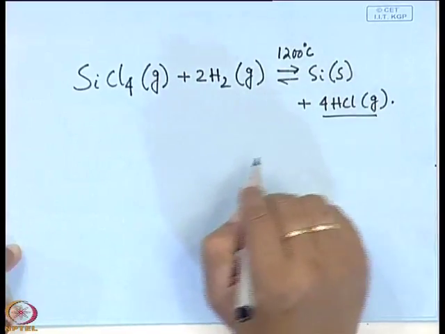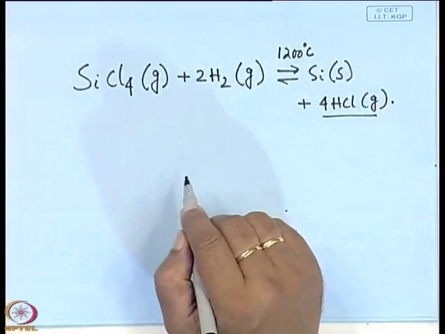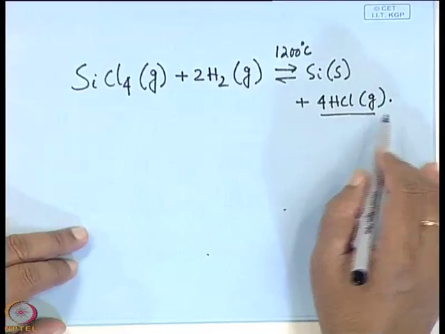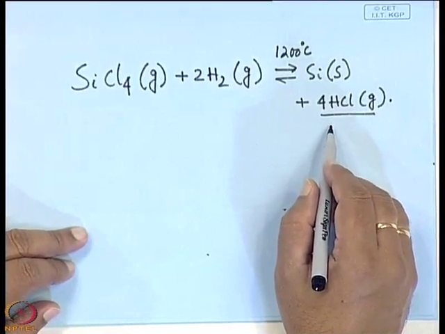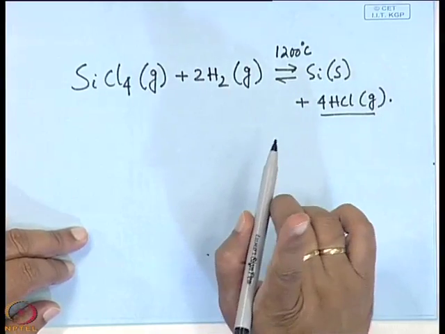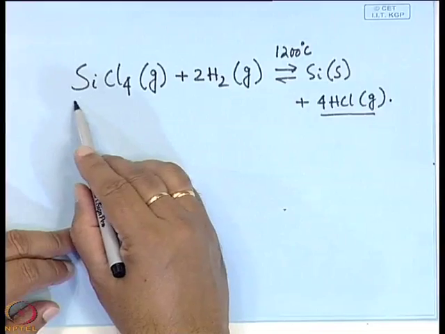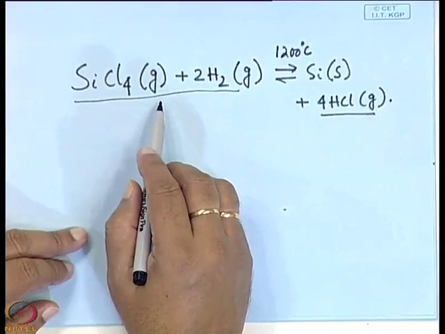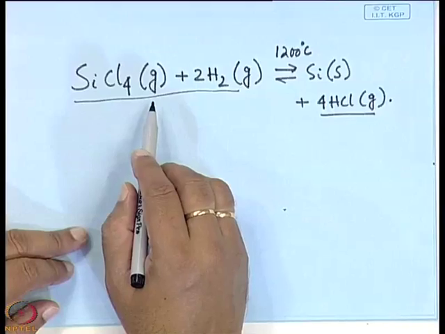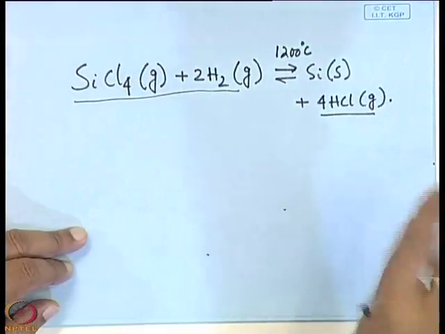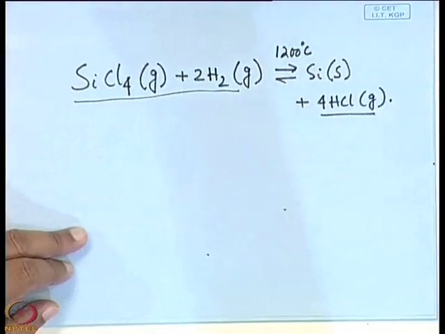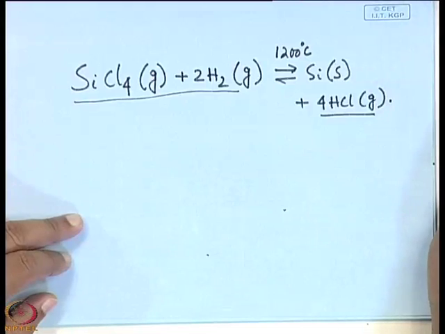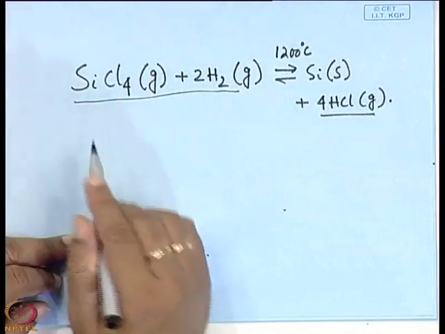Silicon solid plus HCl. So, what is the byproduct? The byproduct is obviously HCl. Another is the unreacted part, that is also very important, that you have to sweep that gas through the reactor towards the vent.